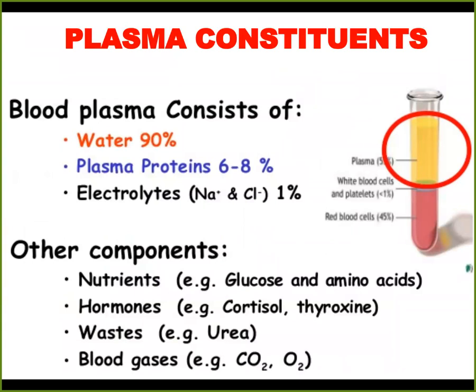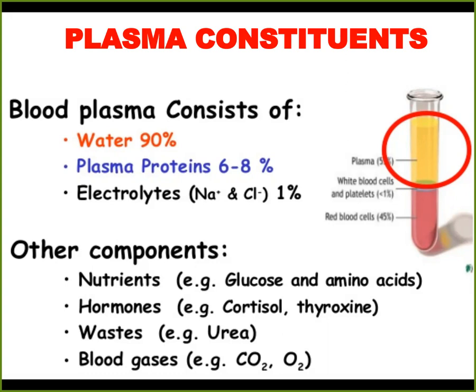Next components of our blood, which are used for checkup of normal activity, normal functions of blood. It's the amount of components of plasma.